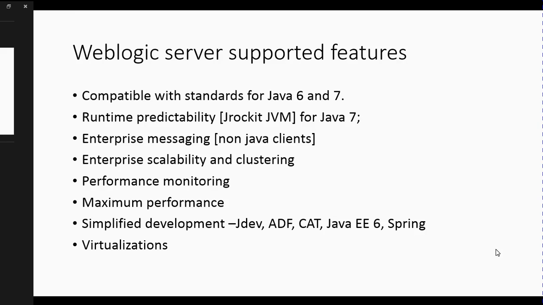Again, it's going to be more compatible with the different development types, from JDEV to ADF to CAT. So virtualization is going to give you a lot more utility for what you're doing.